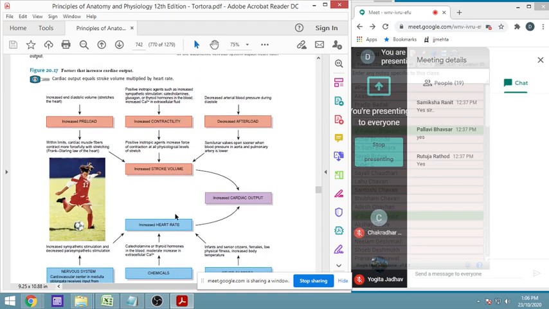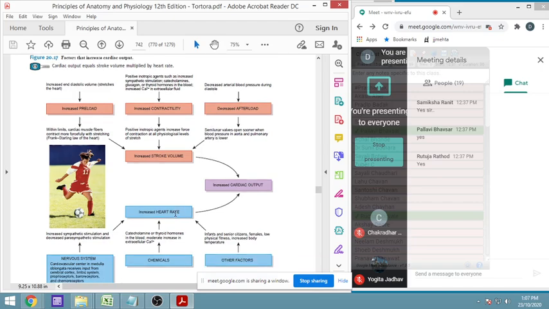Now the next thing: this whole figure should help you to understand cardiac reserve, preload, and afterload, which I have told you many times, because we studied this during cardiac failure. We have seen how we can decrease the afterload, how we can decrease the preload, and what we can do for that.